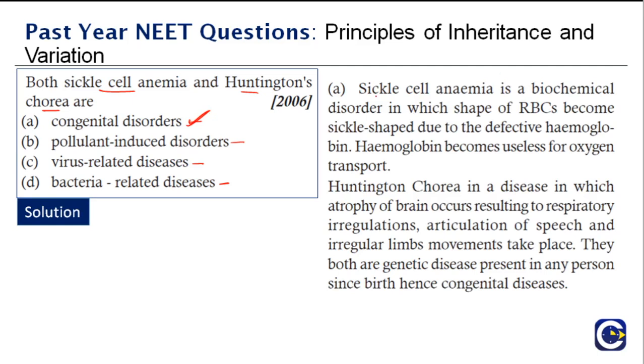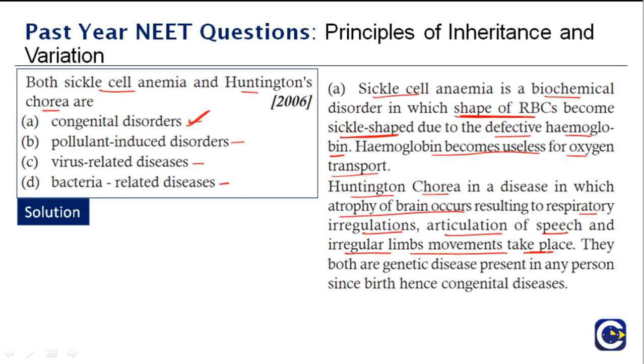Sickle cell anemia is a biochemical disorder in which the shape of RBCs becomes sickle shaped. That is why it is called sickle cell anemia. Due to the defective hemoglobin, HbS is formed instead of the normal hemoglobin, and it becomes useless for oxygen transport. On the other hand, Huntington's chorea is a disease in which atrophy of the brain occurs, resulting in respiratory irregularities, impaired articulation of speech and irregular limb movements.